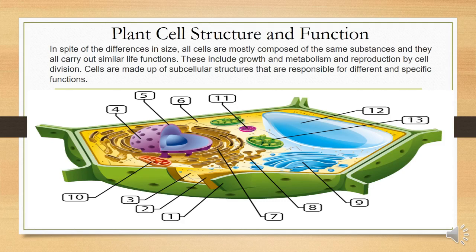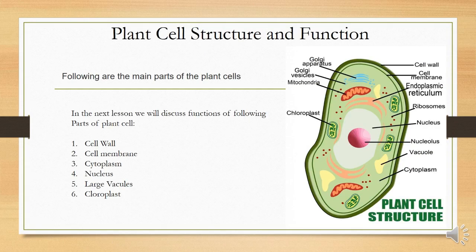So looking at these parts, we will be focusing on the main 6 parts of the plant cell. On the right you can see the diagram of the plant cell and its structure. In this discussion we are going to focus only on the 6 parts.